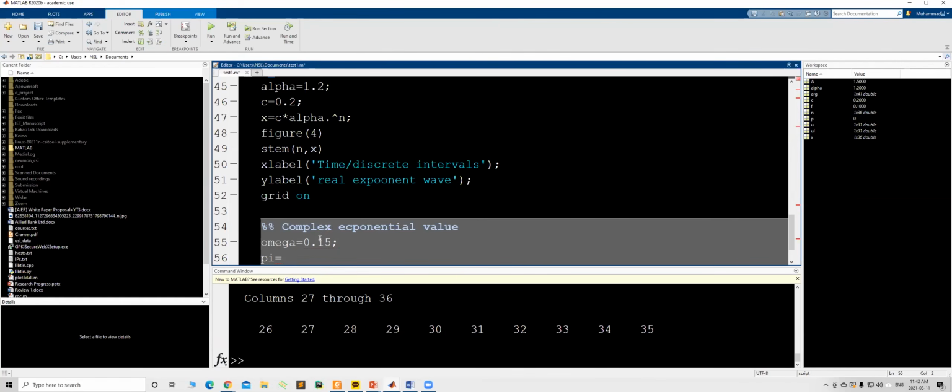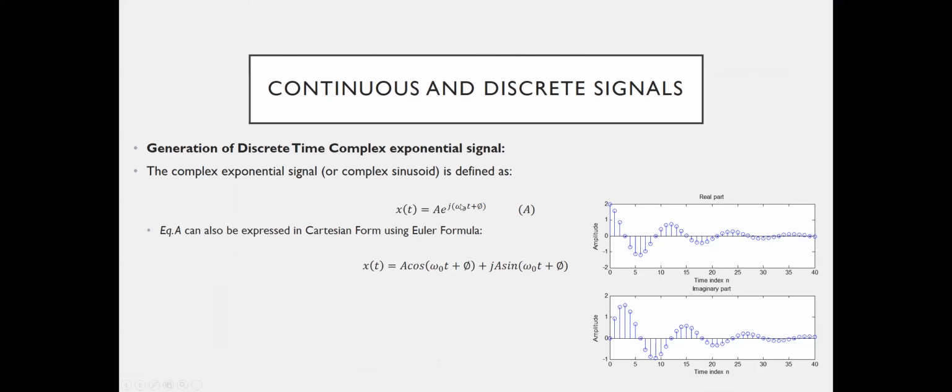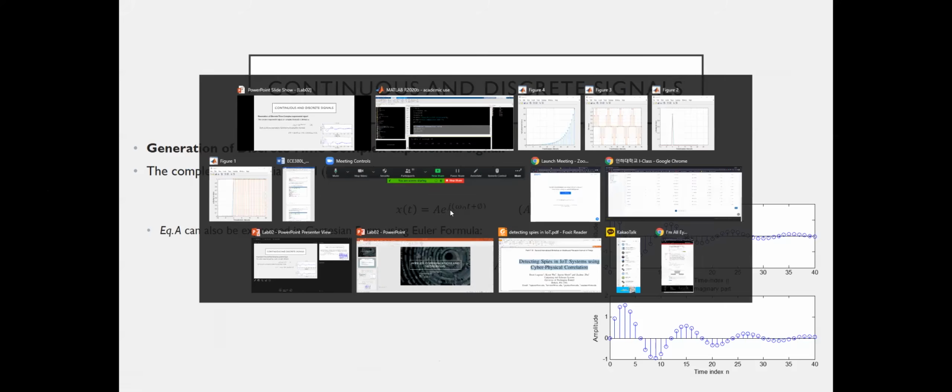Phi is the phase shift. Pi is 180 degrees, right? And 2 pi is 360 degrees. So let's say there is a reasonable shift, like pi divided by 6. Then the input argument. What is the input argument? The input argument is omega 0 t plus the imaginary part.